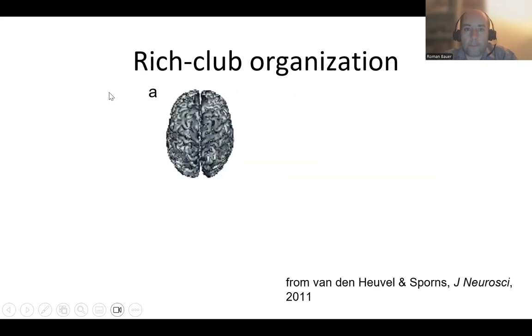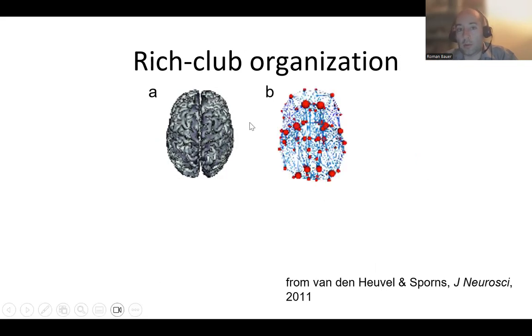Right. Then, as I mentioned before, those hubs are also implicated in certain disorders, and the hubs form a certain organization called the Rich Club organization. So this is an organization that denotes the fact that hubs in brain networks tend to prefer to connect to one another rather than to non-hubs.